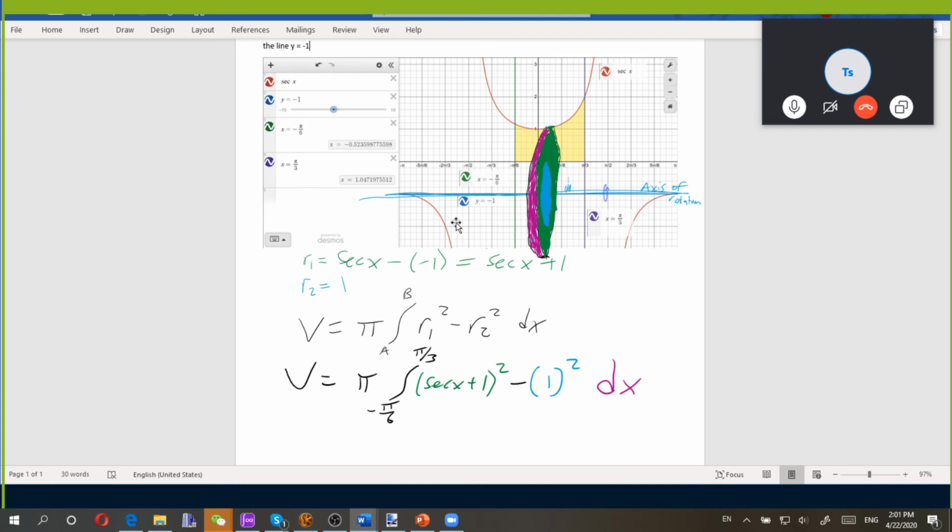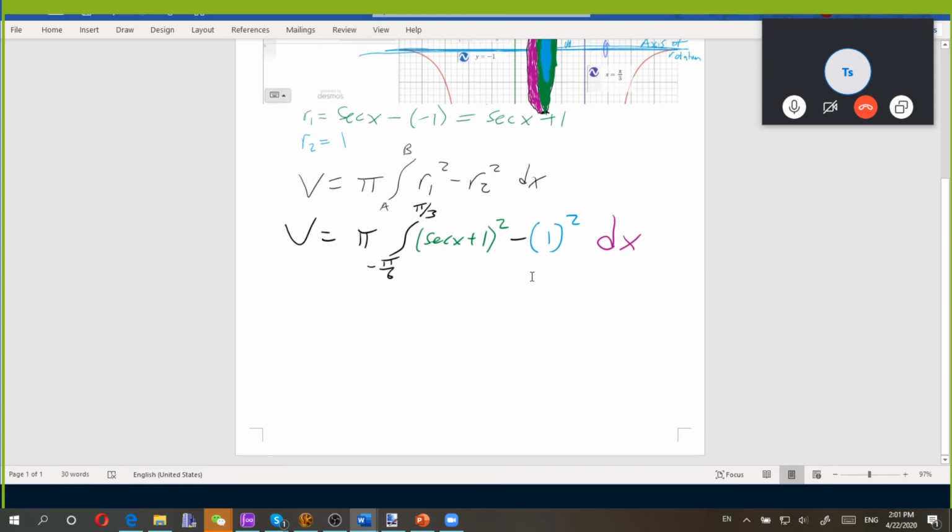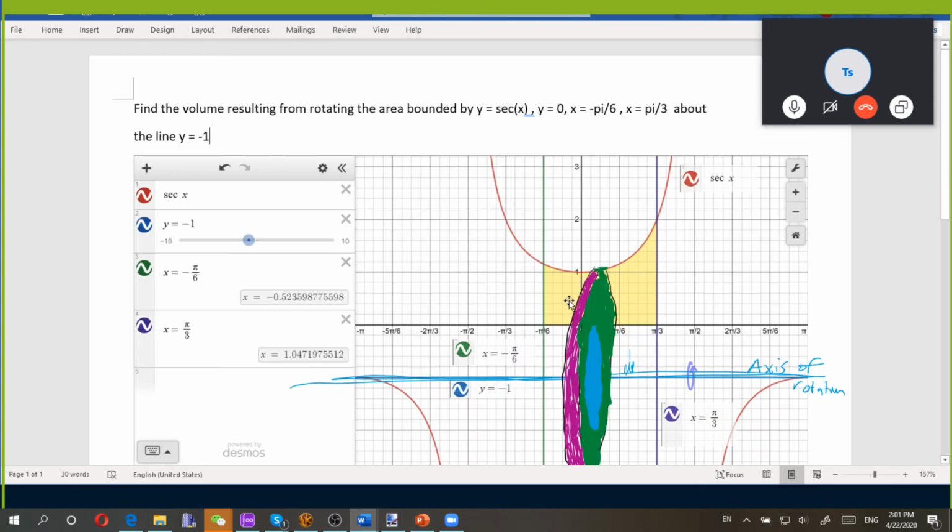If we spin this shape about the axis of rotation, you're going to end up with a shape that looks a little bit like an hourglass with a cylindrical hole in it, because we're cutting out this hollow shape in the middle. Okay, so let's finish this off and we'll integrate.